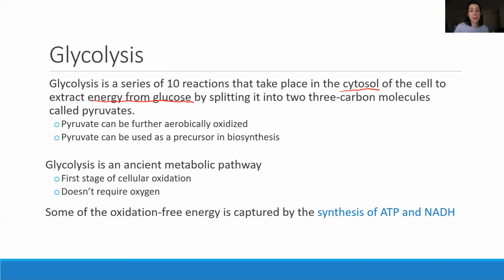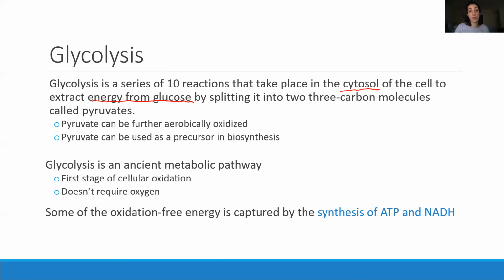The reason we start with this pathway and talk about it first is, number one, it's connected to so many other pathways. But number two, it's actually a very ancient metabolic pathway. What I mean by that is it's one of the first evolved pathways that organisms started to use. It's the first stage of cellular oxidation.